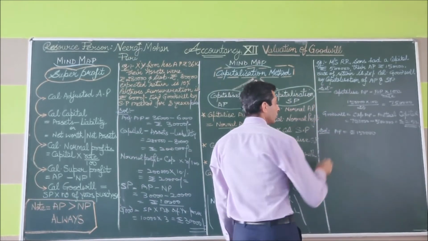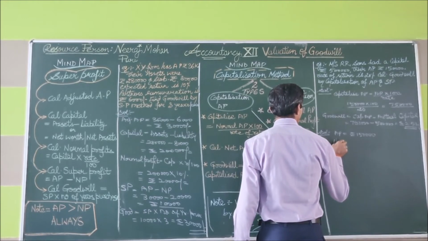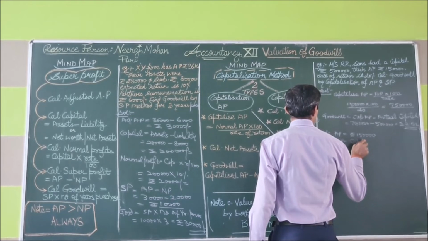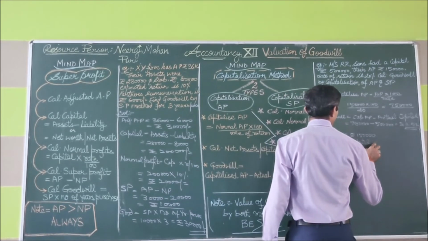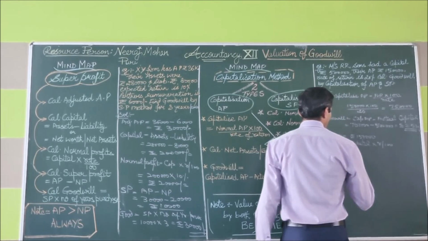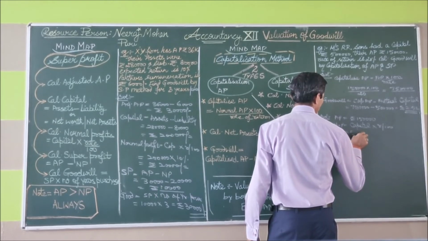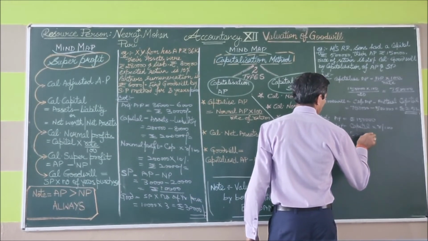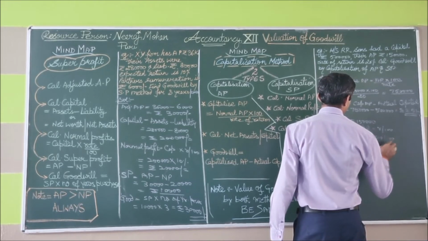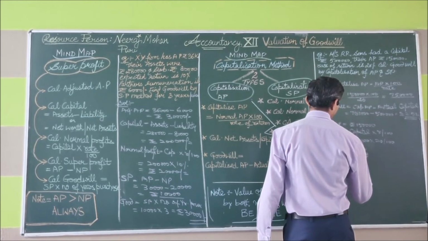Step number 2, calculation of normal profits. Normal profit is equal to capital multiplied by rate upon 100. Capital value is 5 lakh, multiplied by 20 upon 100. The result is 1 lakh.